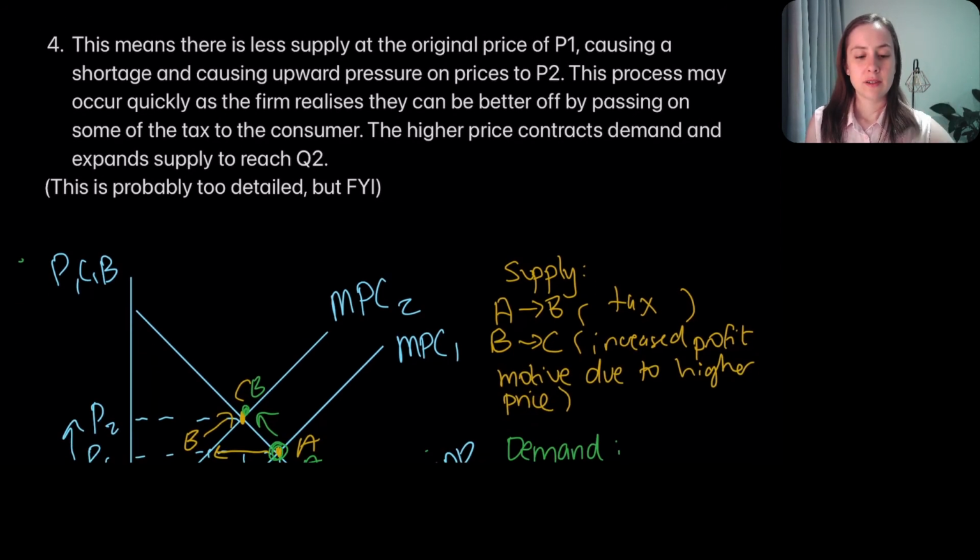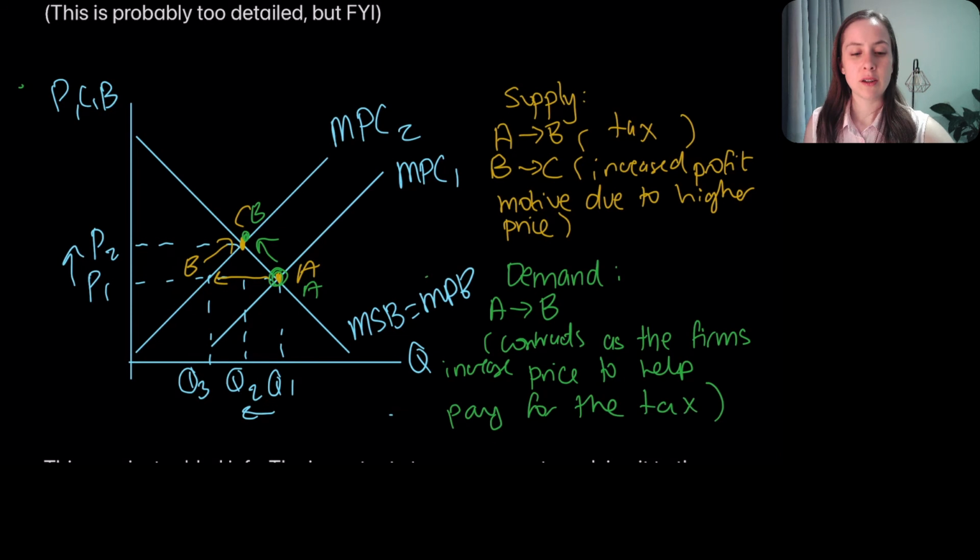And you scan to the next graph. This is going to mean that the supply curve shifts to the left, and that shift left is going to cause changes in demand and supply, but essentially you're going to have a shortage because there's been less supply, and that shortage is going to give the firms an excuse to increase the price to help pay for the tax that they've got to pass on to the government later.